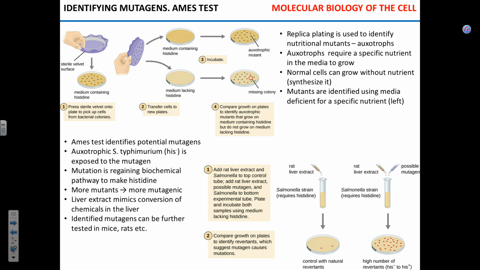So let me start with the first part of the Ames test. The organism that is used in the Ames test should have a mutation itself. The organism that is used in the Ames test is auxotrophic bacteria. Can anyone tell me what auxotroph means? We talked about it.